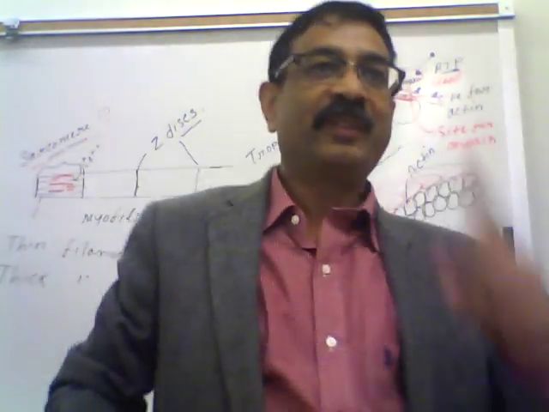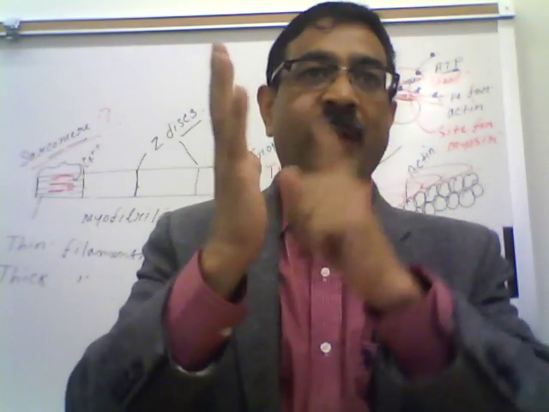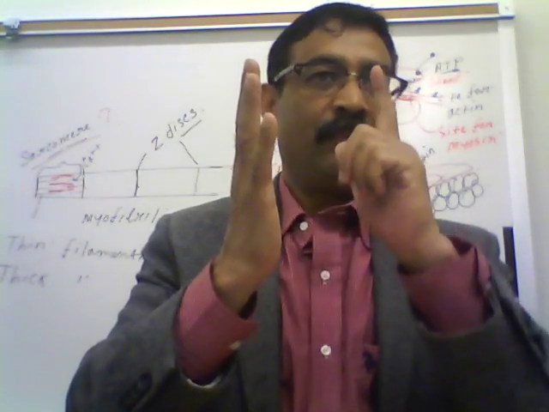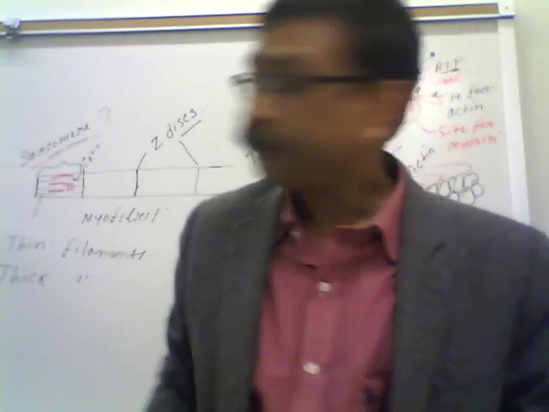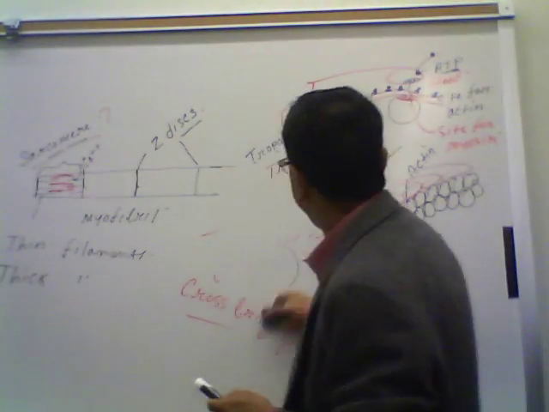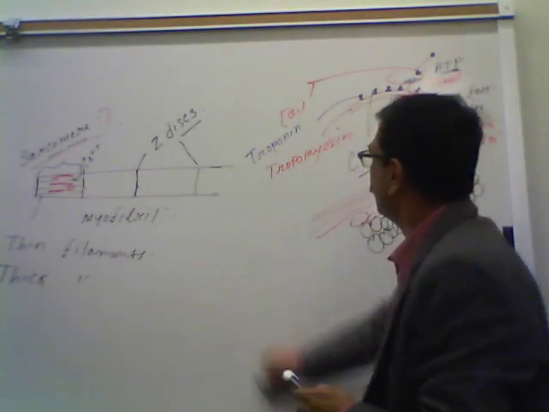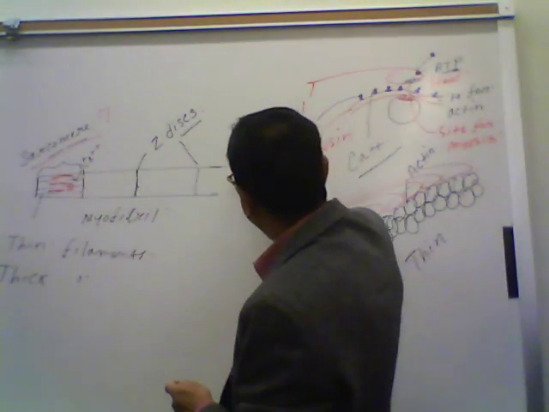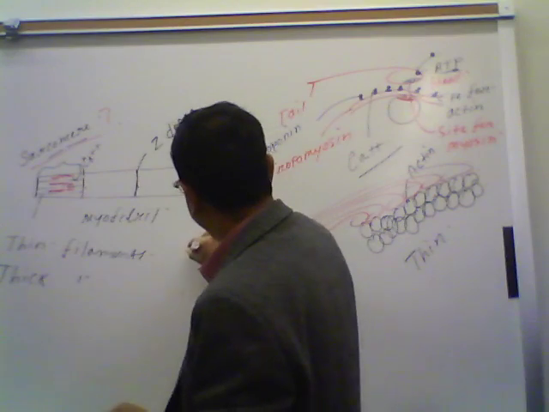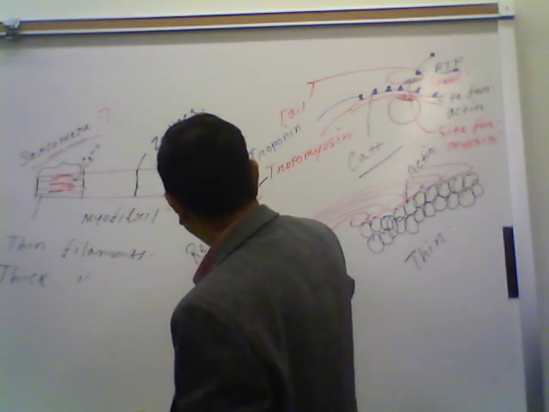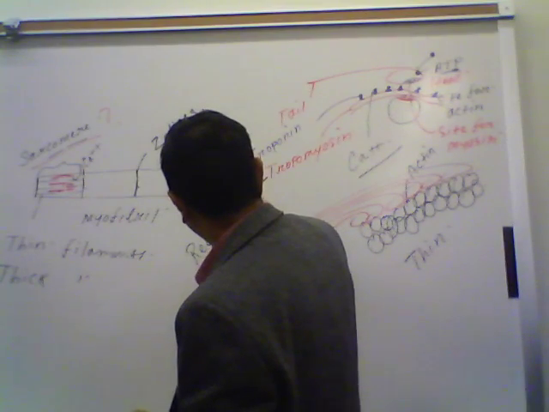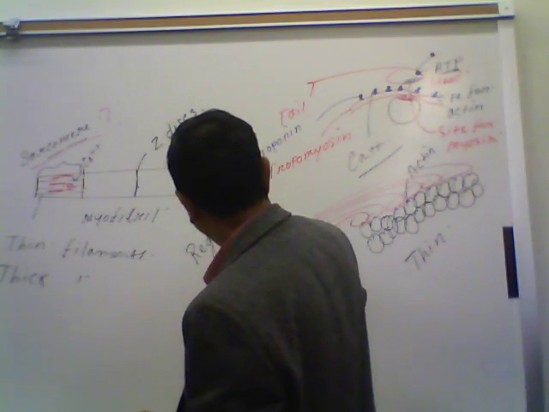All these are proteins. So troponin, tropomyosin, actin, myosin, all those are protein structures. Now, these two, troponin and tropomyosin, are called regulatory proteins.